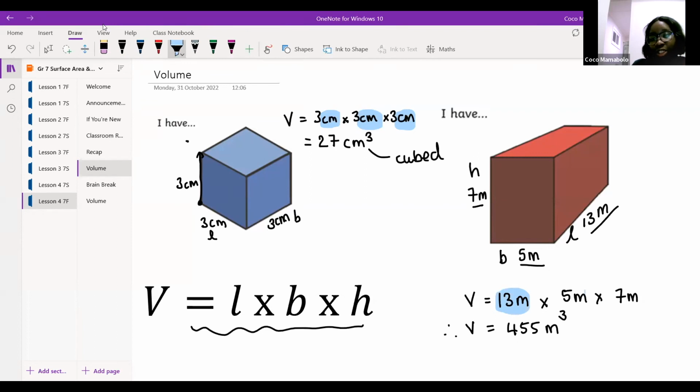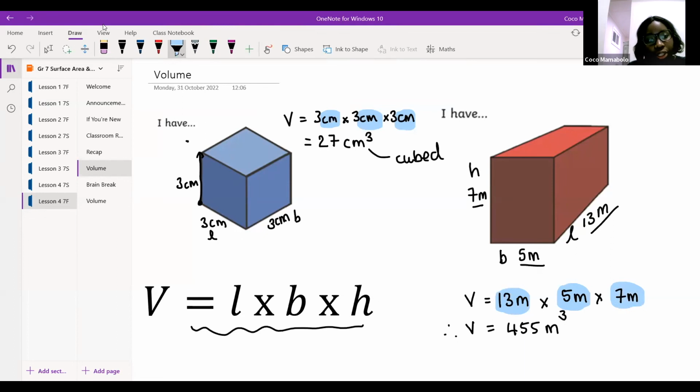Good. That's why I've multiplied here by 5 meters. And then my height, how much is my height? 7 meters. Good, 7 meters.